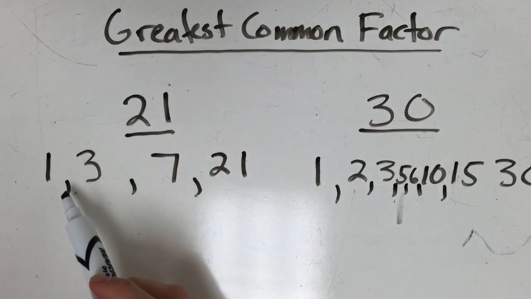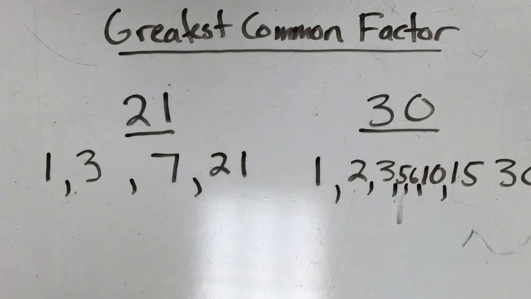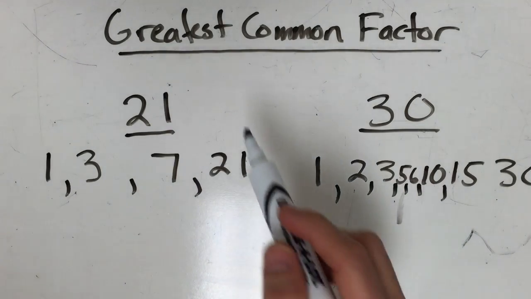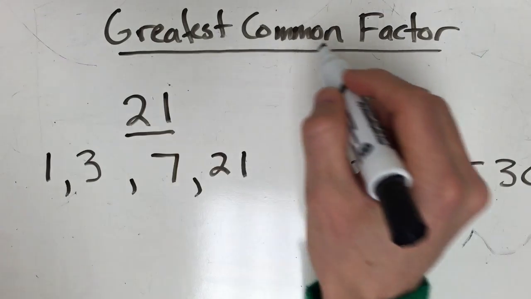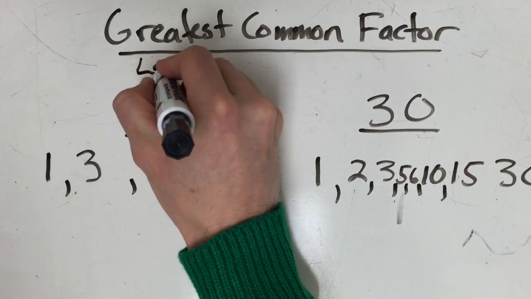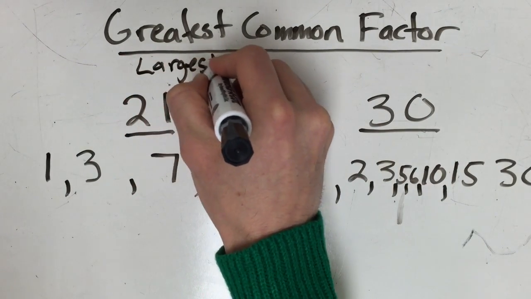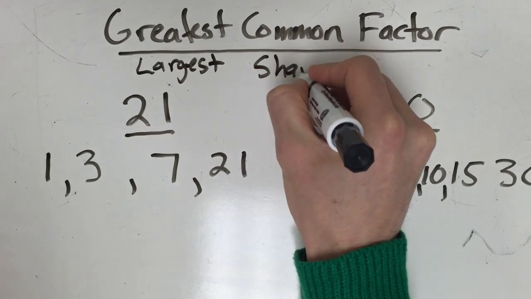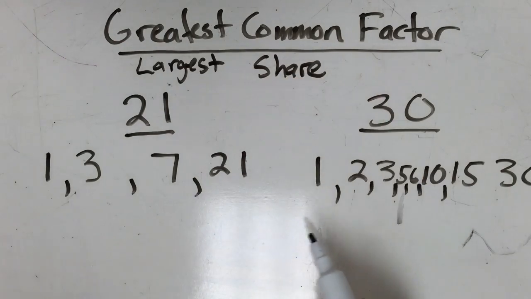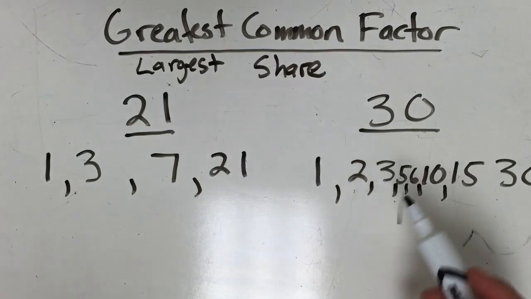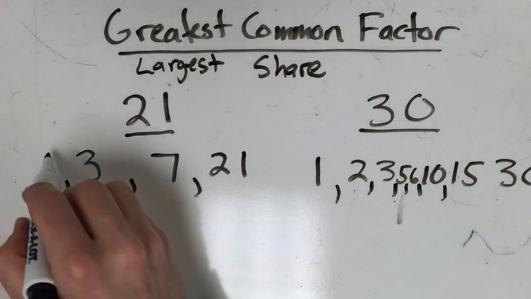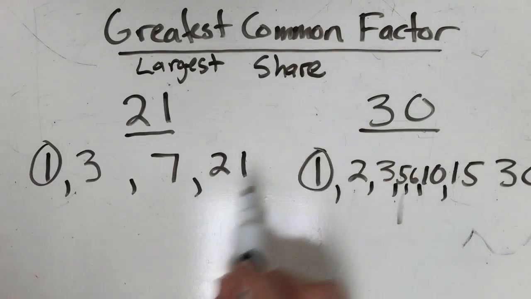Now, in the list for 21 and the list for 30, we need to find the largest one that they share. So first we'll identify the ones that they have in common or that they share. They certainly have 1.